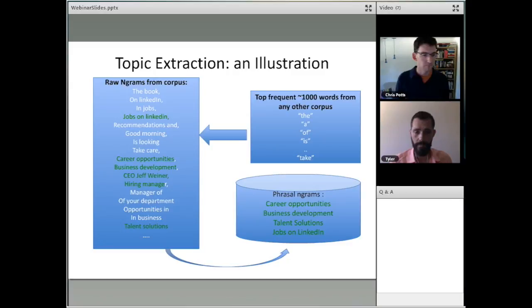So in order to extract topics, I use a very simple method, very industry useful, because it's fast and doesn't really require anything.